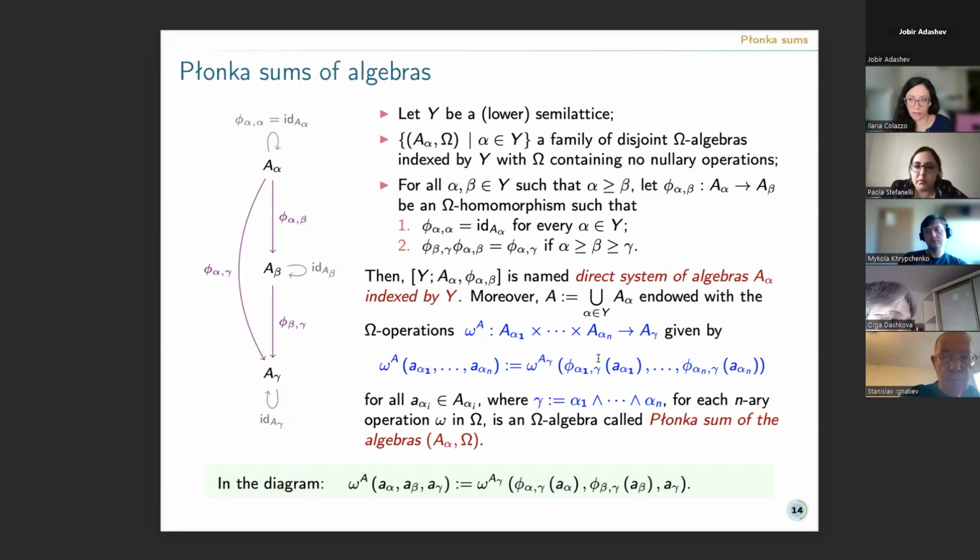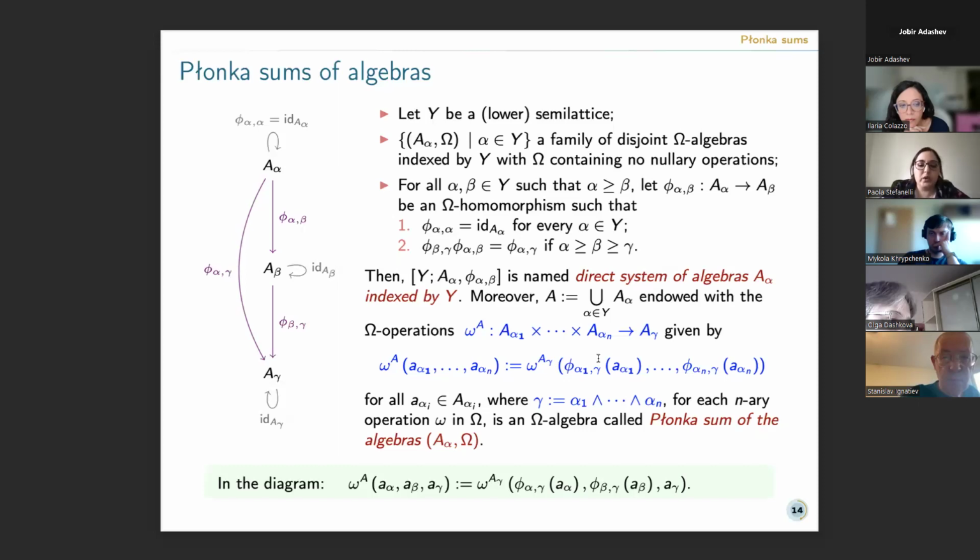To be more clear, I want to look at the diagram in the slide. For instance, if we have a ternary operation in our set omega, and so each algebra, for instance, by considering a semilattice that is a chain, and we have these algebras A alpha, A beta, A gamma.